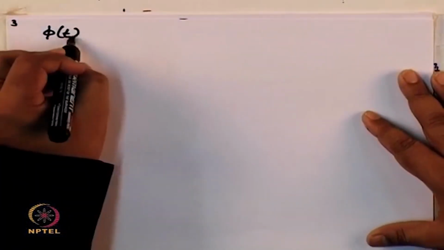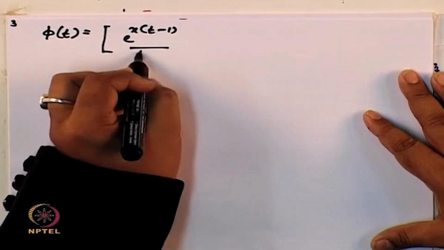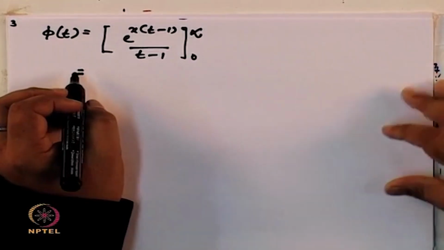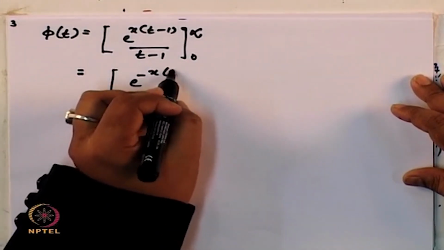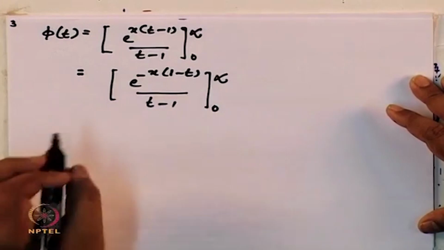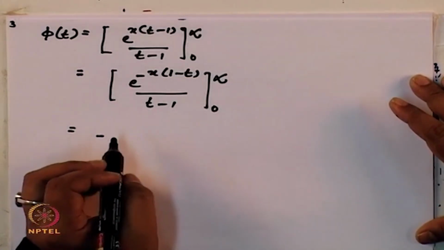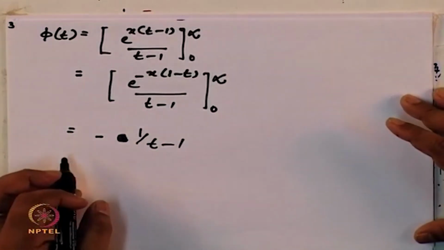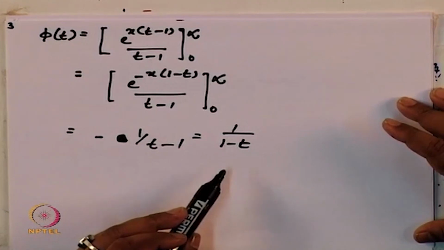So I have gotten phi of t, and I can write this as the integral evaluated from x equal to 0 to infinity, giving 1 by t minus 1, okay, equal to 1 by 1 minus t. So phi of t becomes 1 by 1 minus t. Okay.